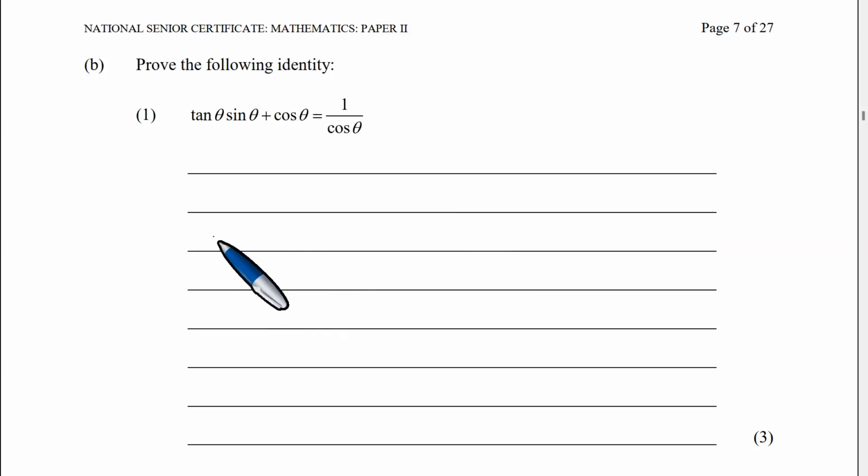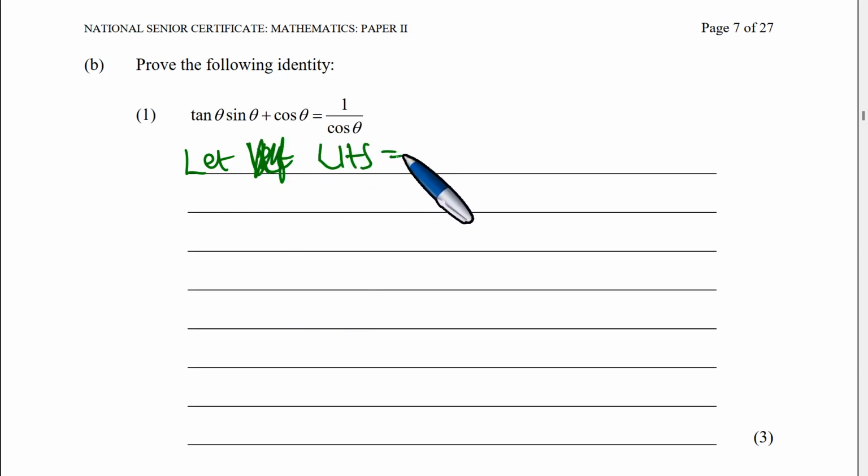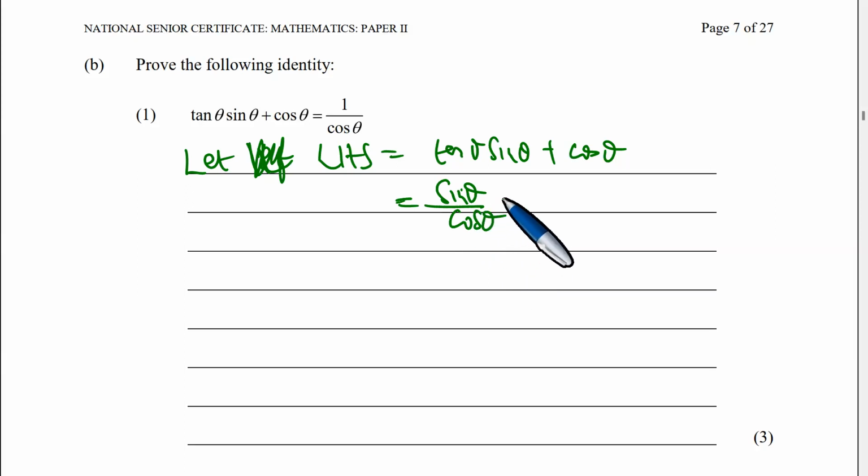So to prove this, you let the left-hand side be tan theta times (sine theta plus cosine theta). What is the tangent of theta? It is the sine of theta over the cosine of theta, times the sine of theta plus the cosine of theta.